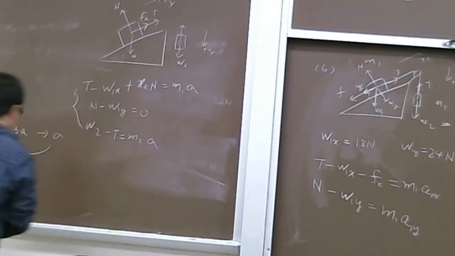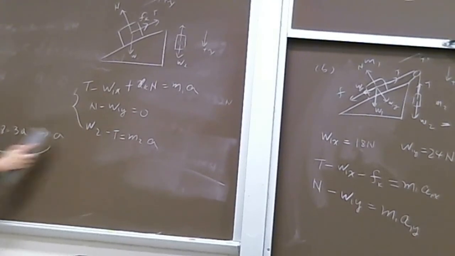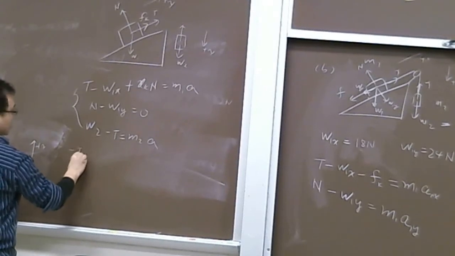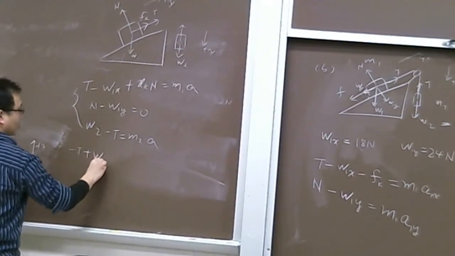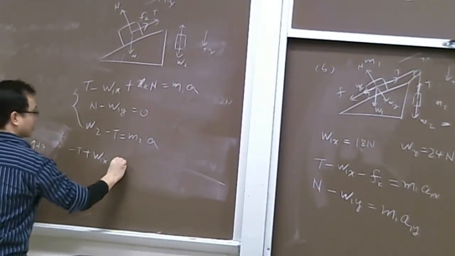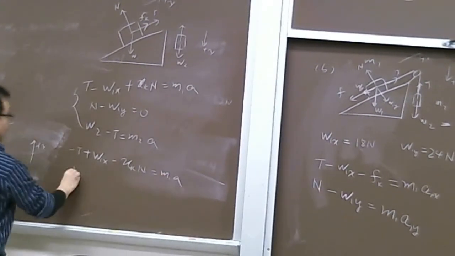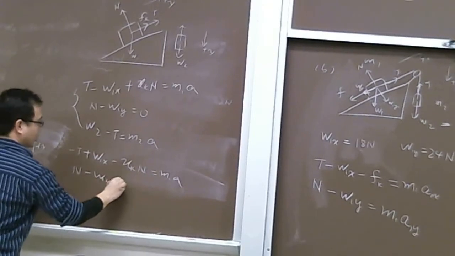If I switch positive x in a more sensible way, like this, positive x and positive x because they are moving this way, then I should have negative T plus W1x minus mu k n equals to M1A. And N minus W1y equals to 0.